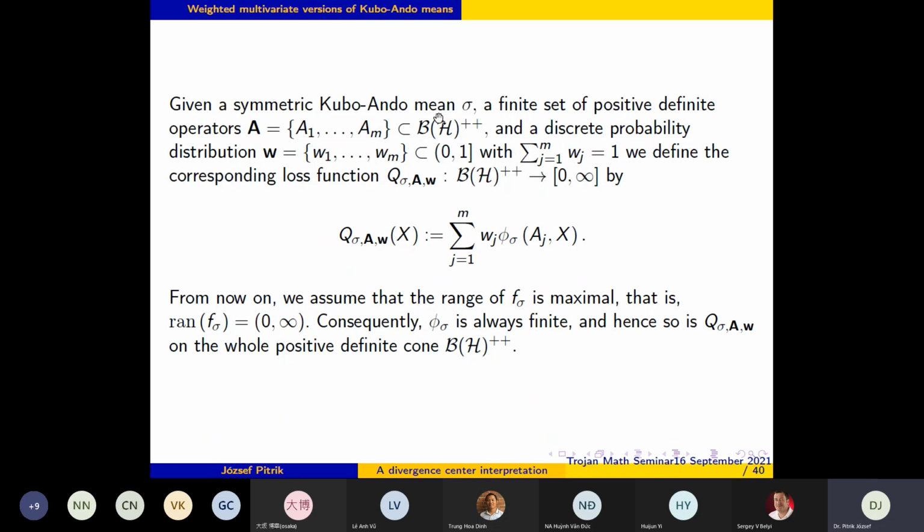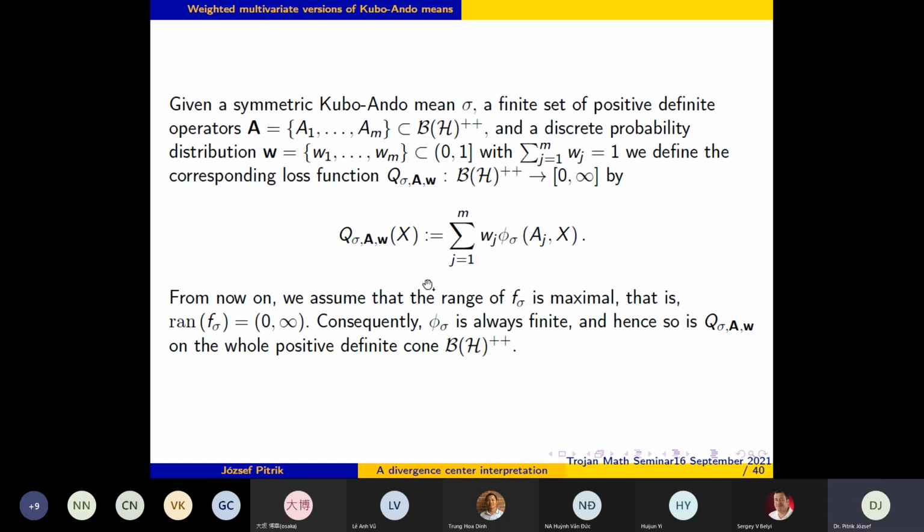So, given a symmetric Kubo-Ando mean sigma and a finite set of positive definite operators A1, ..., AM, and a discrete probability distribution, the weight vector, with these we can define the corresponding loss function denoted by Q sigma A W in this way.